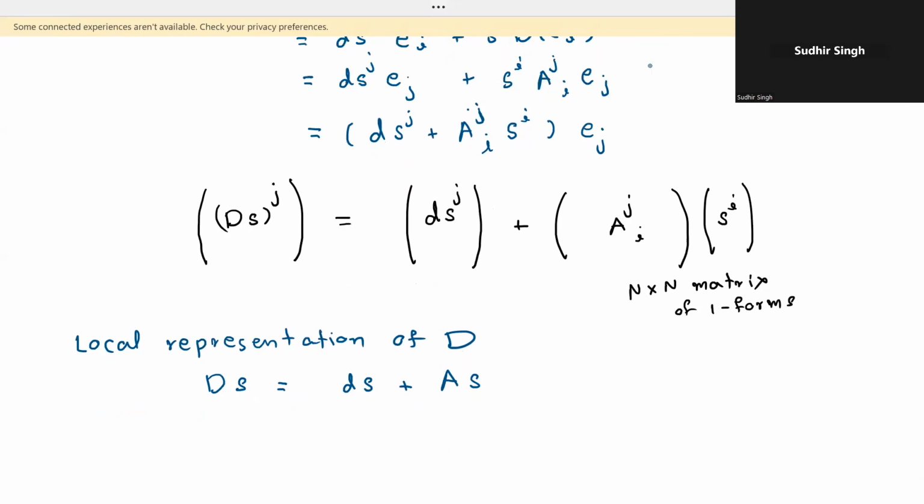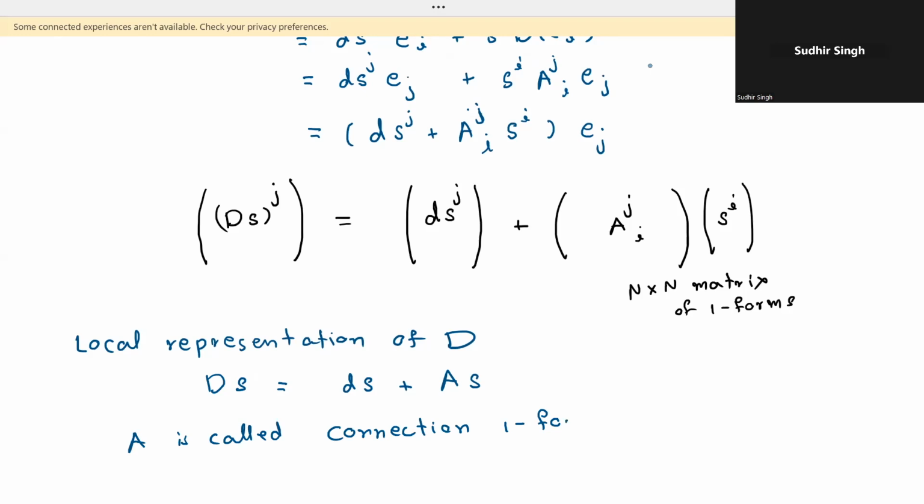So this A, which is an n by n matrix of one forms, is called the connection one form. It is associated to a connection, but it is a local representation.